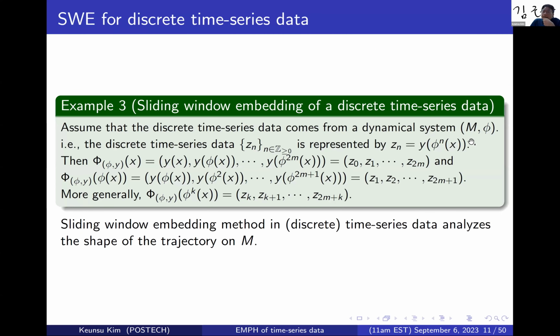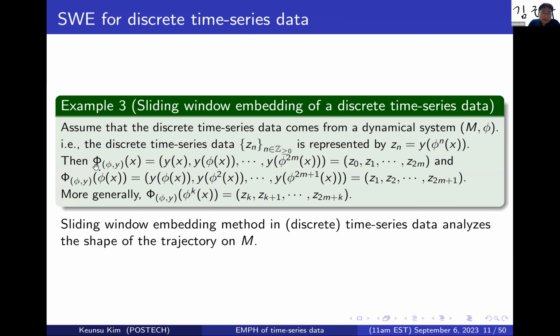And this is familiar to many people: sliding window embedding for discrete time series data, also called time delay embedding. Assume that our discrete time series data comes from a dynamical system. Then g_n is represented by g_n equal to y of pi to the n of x. Here x is the initial point.